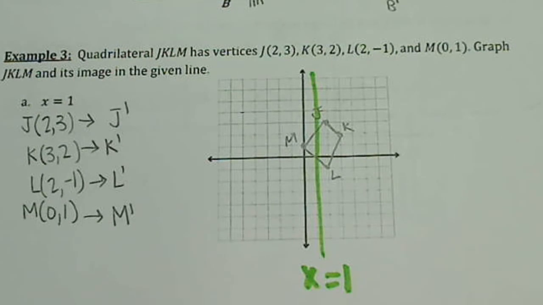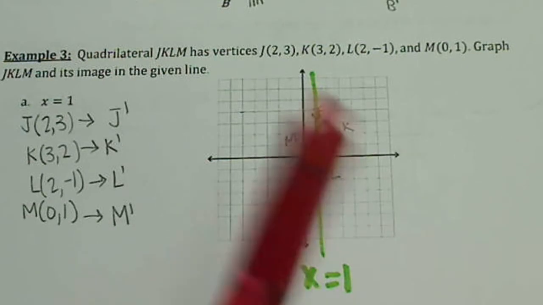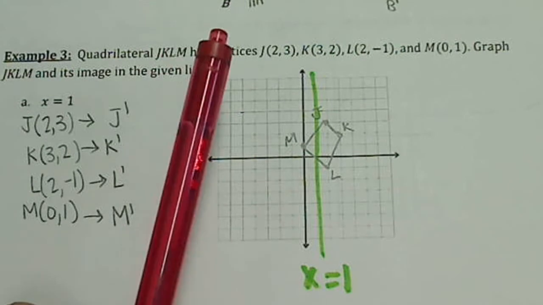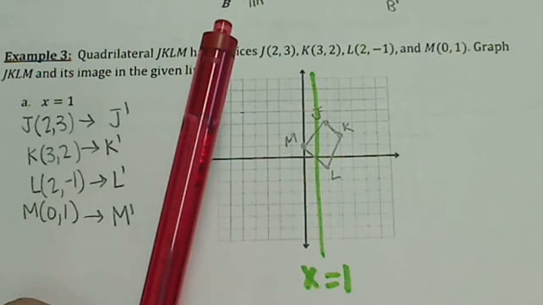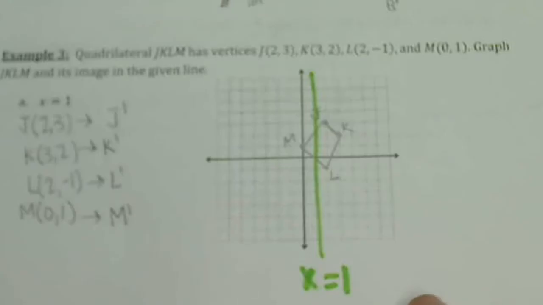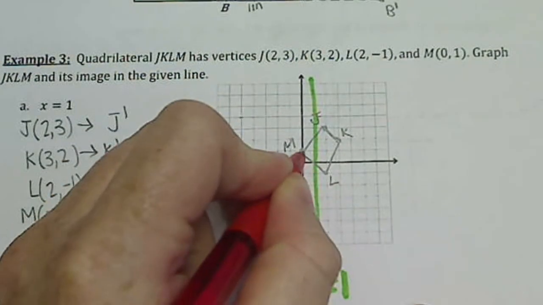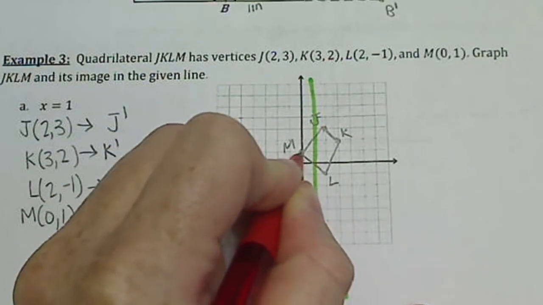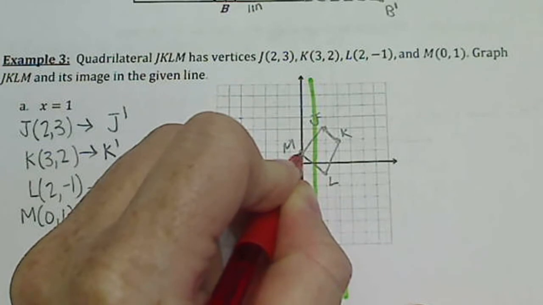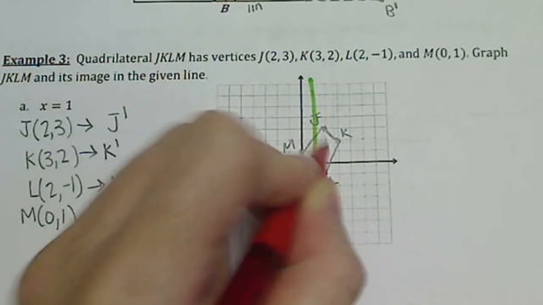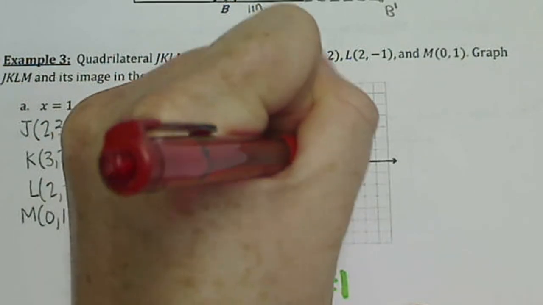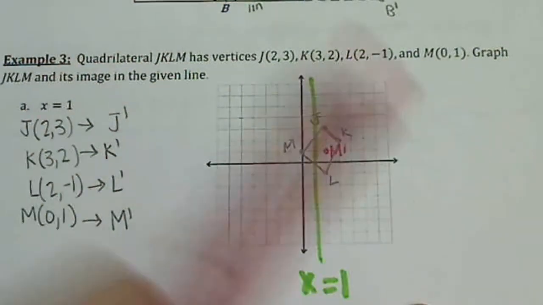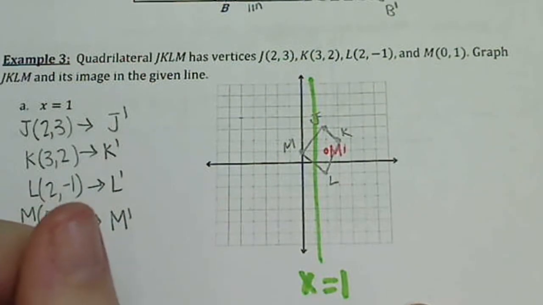Okay, now I'm going to take my pen, or you can use a colored pencil or whatever, just a different color, and we're going to reflect it. So here's my mirror. If point M is 1 unit away to the left, if I reflect it, it's going to be 1 unit away to the right. What point is that?